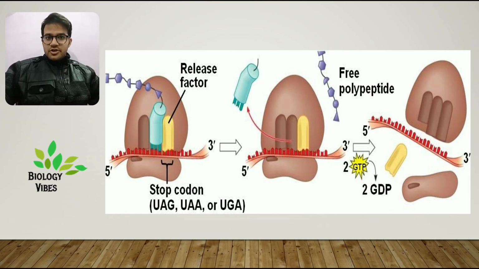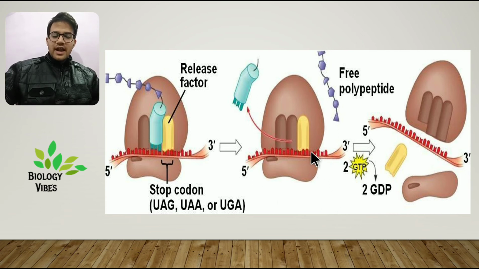Now the thing which comes into the picture is the termination part. At the termination part, we have the stop codons, namely UAG, UAA and UGA. Three stop codons are there. For these stop codons, no specific tRNA is there, no specific amino acid is there, so no tRNA will come into the picture and the whole machinery will be opened up, like the smaller subunit and the larger subunit and the mRNA, and the free polypeptide chain will be released.